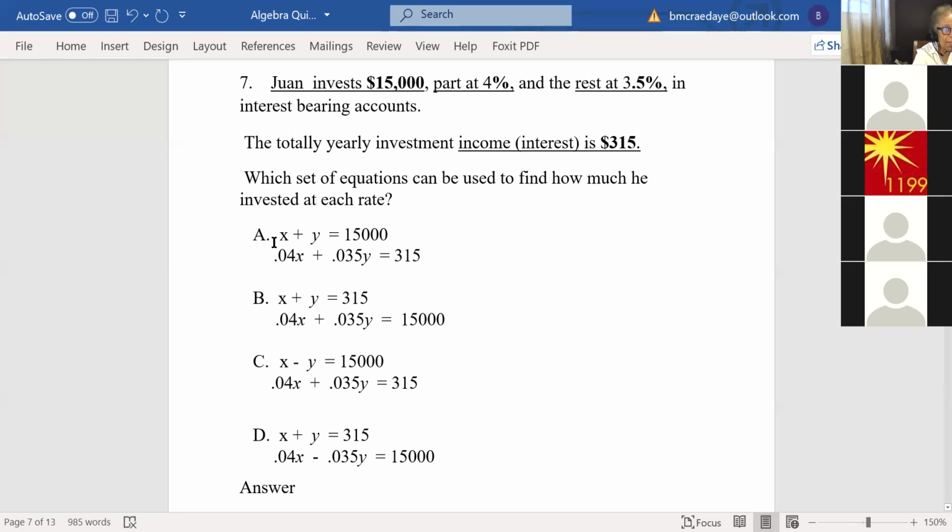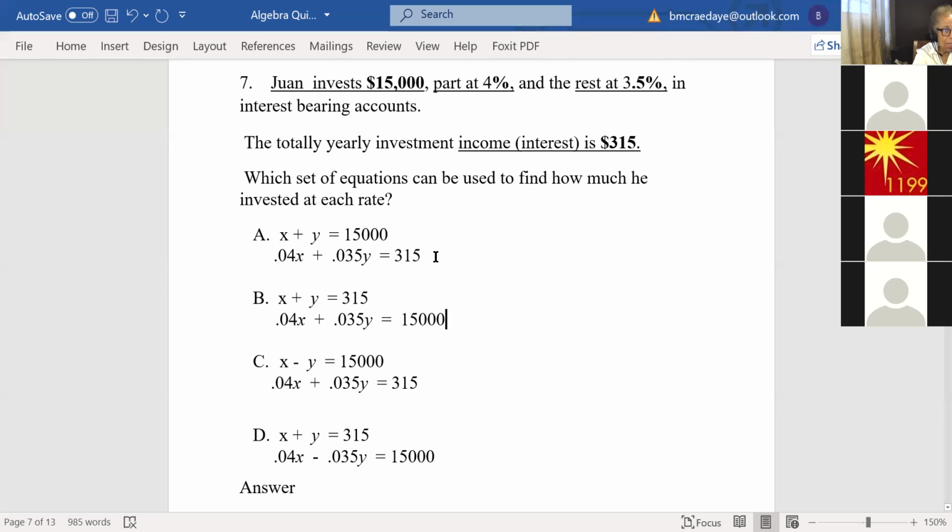Now, the 4% of the X amount, that's 0.04, and then the 3.5% of the Y amount, that's 0.035, is equal to his total interest income of 315. Chastity, are you following?